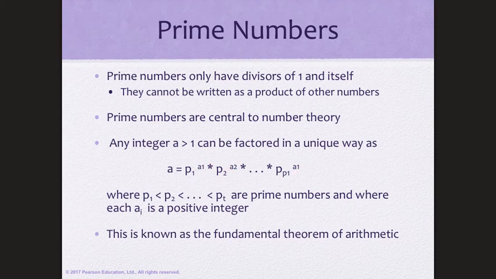Now, what are the values of those prime numbers? How many do we have? What are the powers for each one of them? The theorem does not talk about that. It only says that any integer number greater than 1 can be written as the multiplication of its prime factors, each one of them raised to a certain integer power.